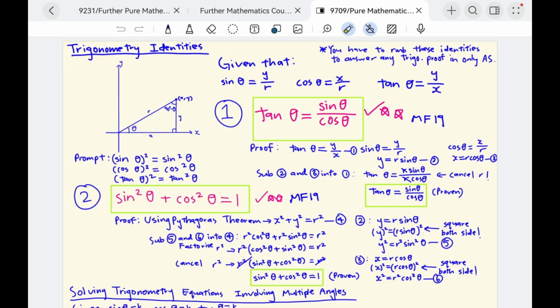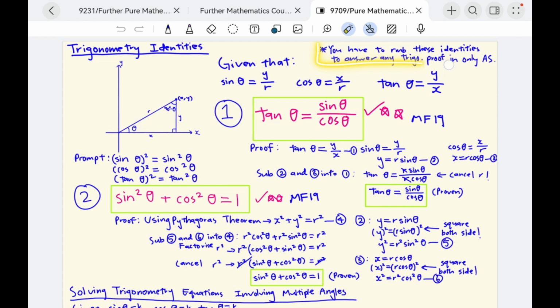So apart from having a strong grasp of the trigonometry ratios based on their respective definitions and the graph of the functions with the transformations, it is crucial that we know about the trigonometry identities. As you can see, these two formulas exist in your MF19, but I think it's still essential to know how they come about.